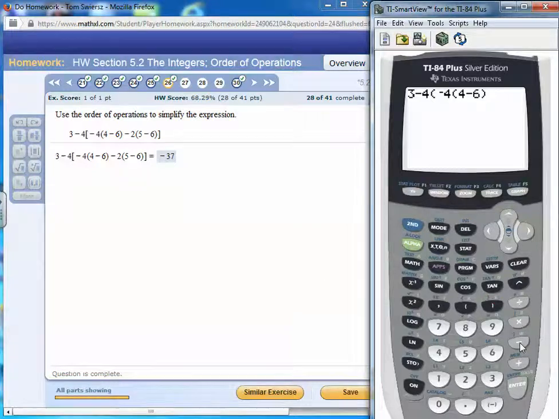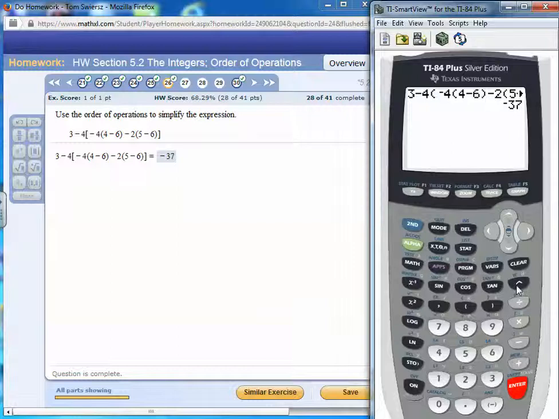Then again we're subtracting, a 2, then in parentheses 5 subtract 6, and then 2 right parens, one around 5 minus 6 and one around the entire problem. That should be the correct input, and there it is, negative 37, the correct answer we got doing it with paper and pencil.